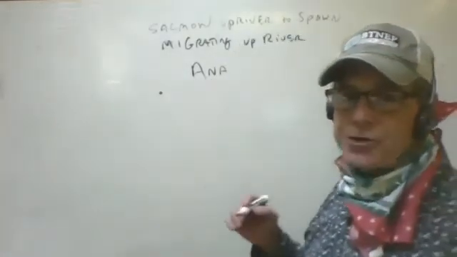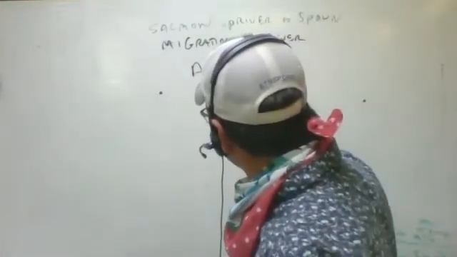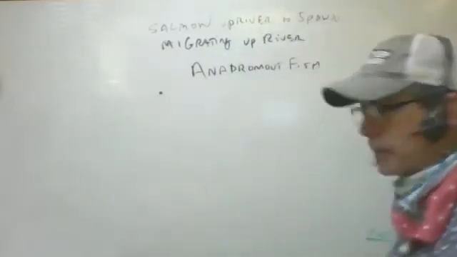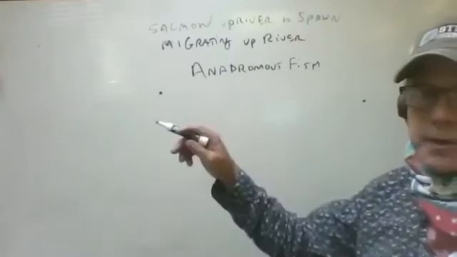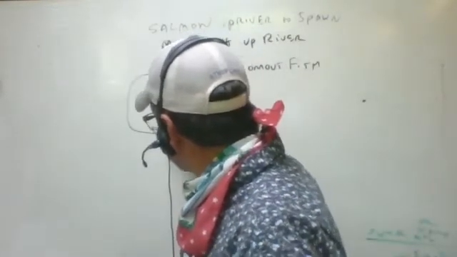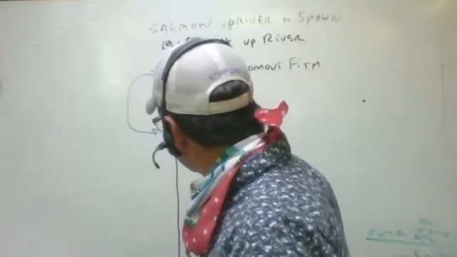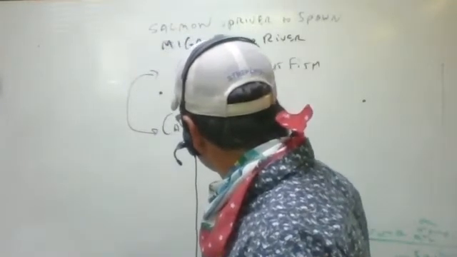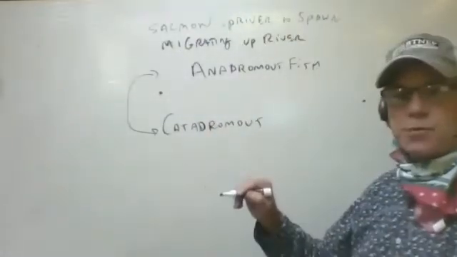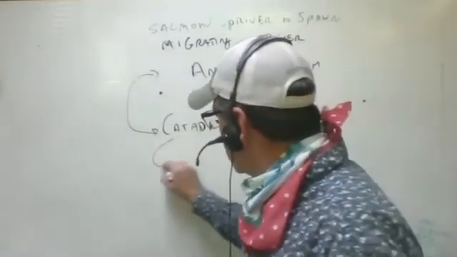So these are anadromous fish. An anadromous fish goes upriver to spawn, but there are fish that are opposite of that. Those are catadromous. A catadromous fish lives most of its life in fresh water and then goes to salt water to spawn.